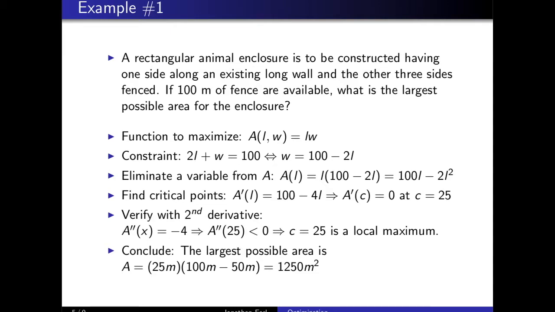Lastly, we verify with our second derivative, which is always going to be minus 4, and in particular A double prime of 25 is negative, so 25 will be a local maximum. So L is 25, the corresponding W value is 50, so the largest possible area we're going to get out of this enclosure is 25 times 50, or 1250 meters squared.